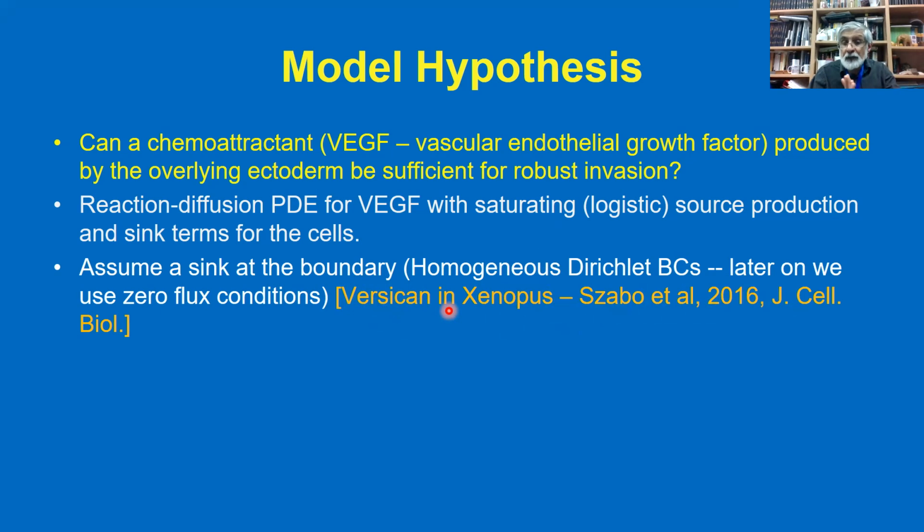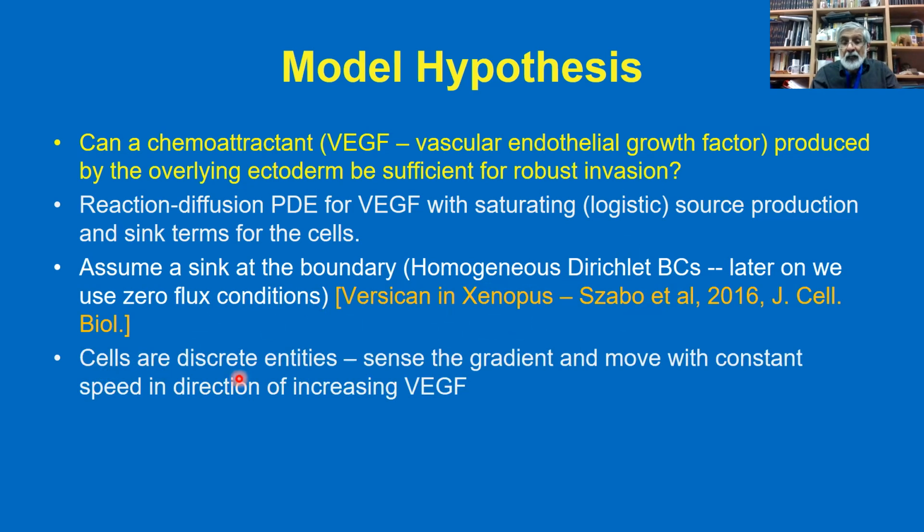When we started working on this, there were no chemical signatures that our experimental colleagues were aware of. So we worked with different types of boundary conditions, and we found that the key results that we're going to mention, whether we had Dirichlet boundary conditions for the VEGF or zero flux boundary conditions, they didn't change the results very much. But I'll come back to talk about that later on.